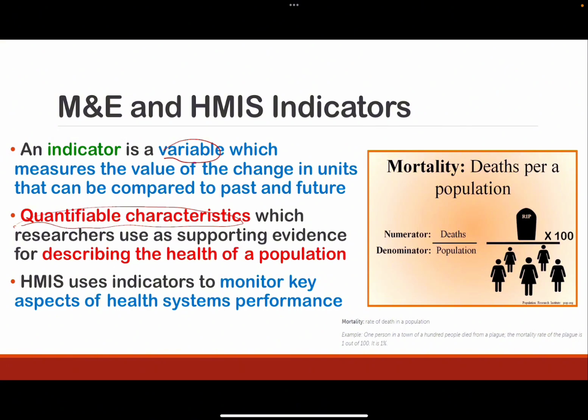So, in numerical value siya. So, ito sila lahat, no, kaning indicators ninyo, researchers can use that as supporting evidence to describe the health of a population. So, your HMIS uses indicators to monitor key aspects of health system performance.